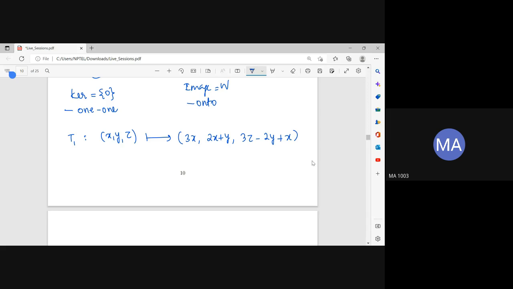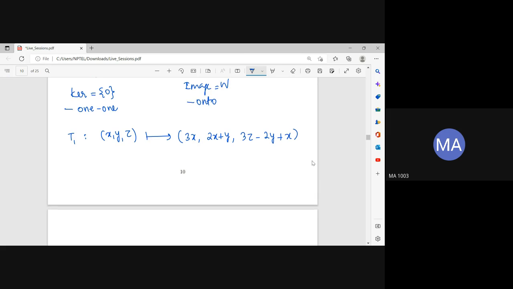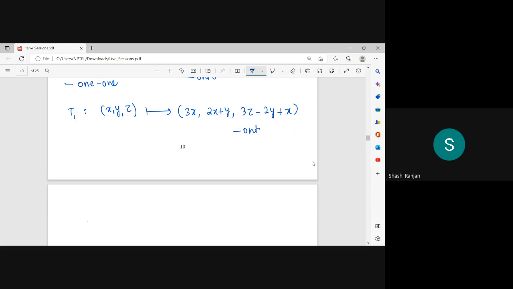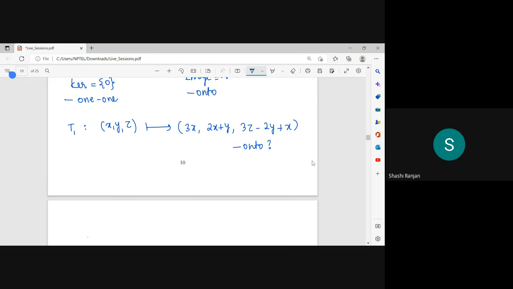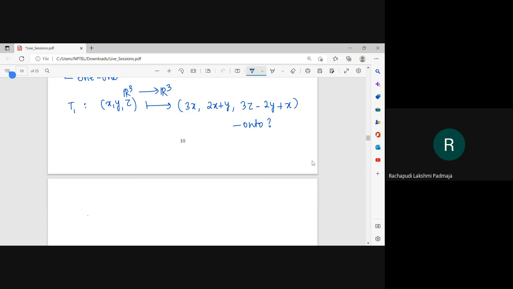So the question is, is this map onto? How will I check whether it is onto? This image is equal to R3. You want to check whether range of T1 is equal to R3.